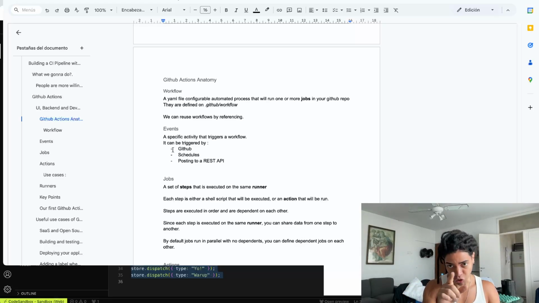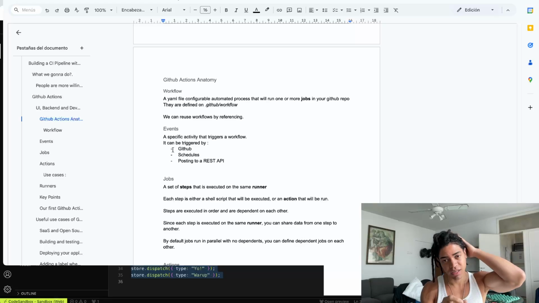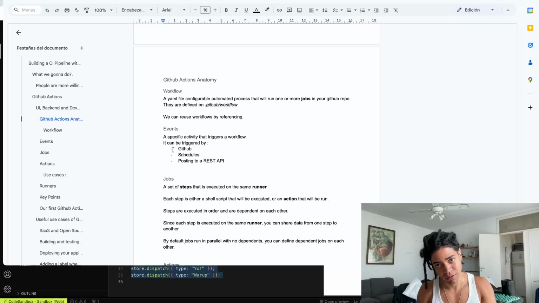that will now trigger jobs, which is a series of steps executed in a runner. These two keywords, steps and runner. So steps are bash scripts or actions, which are custom GitHub Actions for complex and recurring monotonous tasks.